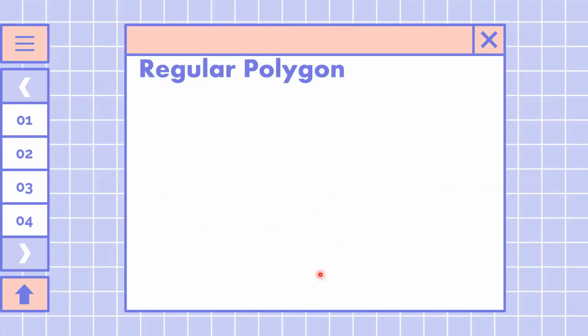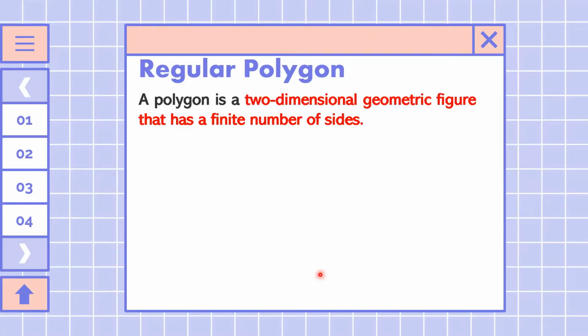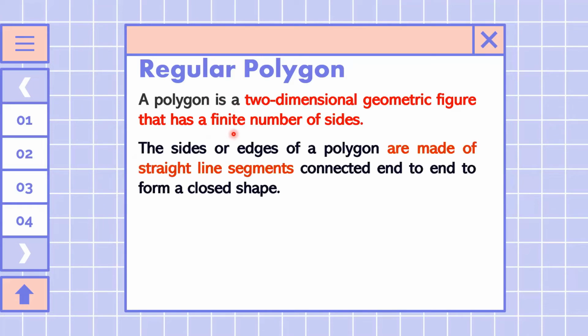So when we talk about regular polygon, a polygon is a two-dimensional geometric figure that has finite number of sides. When we talk about finite, limited lang siya, naa ay hangganan ang iyahang number of sides. So the sides or edges of a polygon are made of straight line segments connected end to end to form a closed shape.